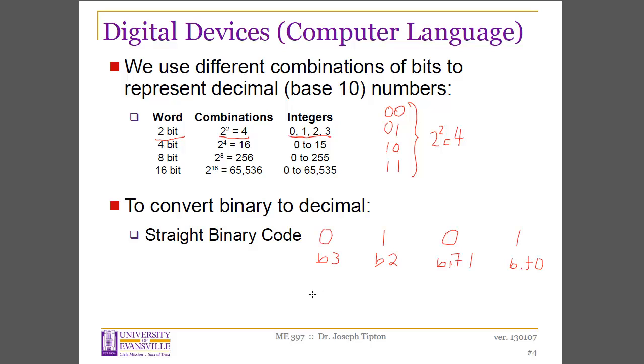And what we do is, for instance, this is a 0. So I'll take 0, and then I'm going to multiply it by 2. Remember, base 2 number. This is bit 3 raised to the 3rd power. The second bit is a 1. So I'm going to take 1 multiplied by 2 raised to the 2nd power.